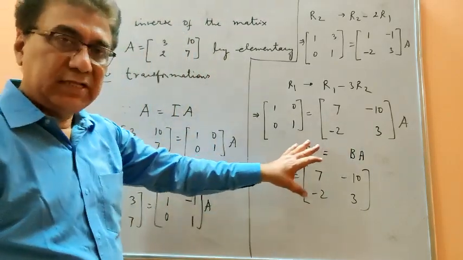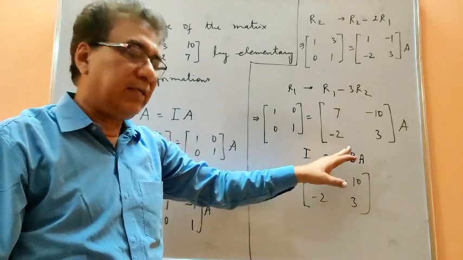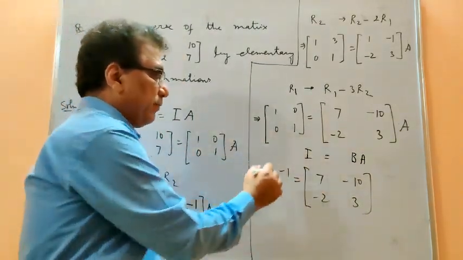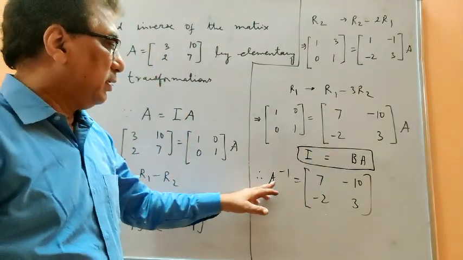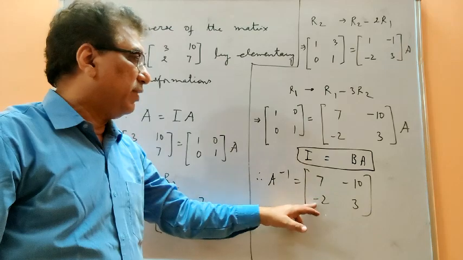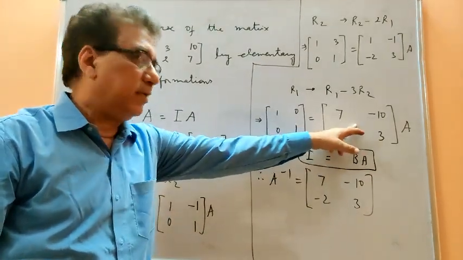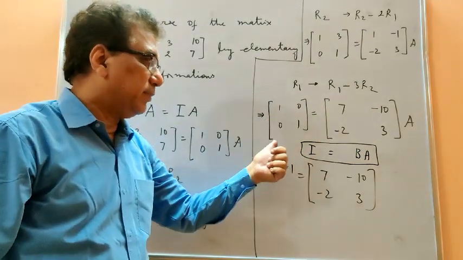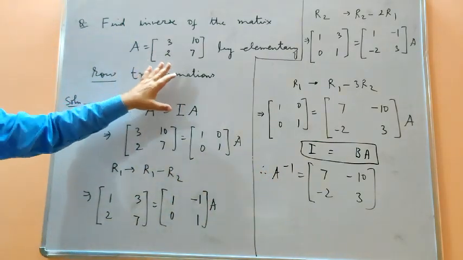So this tells you from the definition that B is the inverse of A, because when it is multiplied by A, we are getting the identity matrix. That's why we say that A inverse is 7, minus 2, minus 10, 3, that means this matrix, because the product of this one and A has given you the identity matrix. So this is the way of getting the inverse for a matrix of order 2.